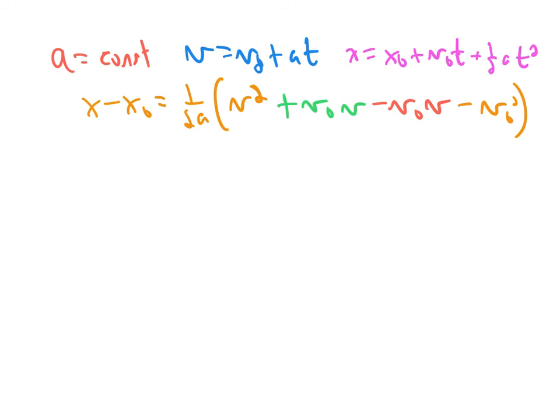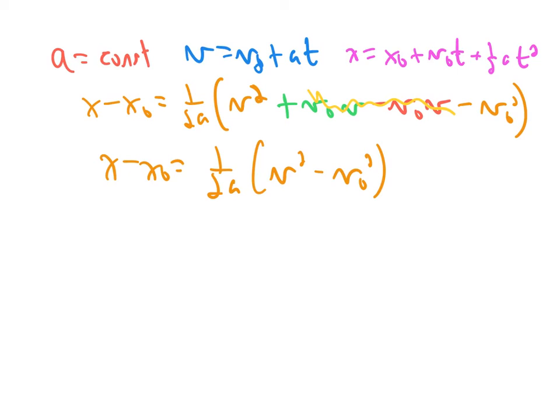So these are our equations so far, and we're about to be finished. But that last one in orange is x minus x0 is 1 over 2a times this mess, which is v squared plus v0v minus v0v minus v0 squared. And so we see that these two terms combine to go away, and I'm left with x minus x0 is 1 over 2a (v squared minus v0 squared).